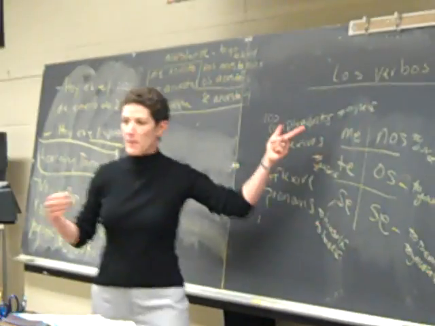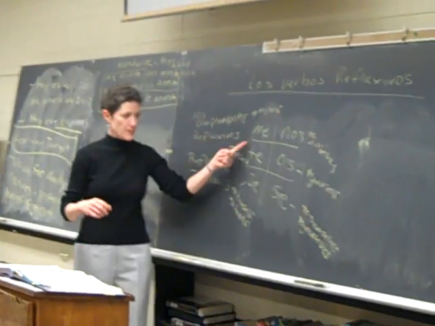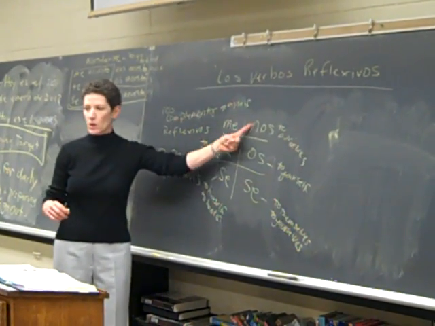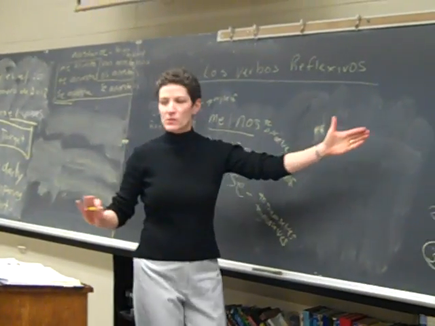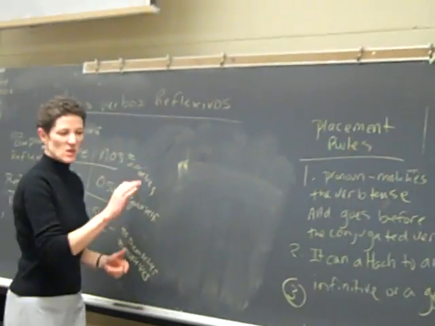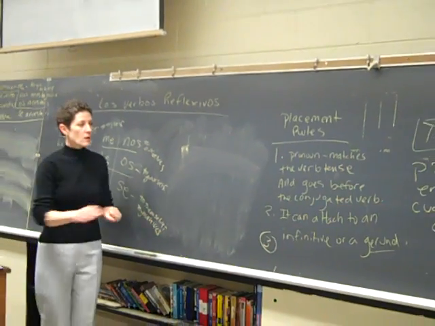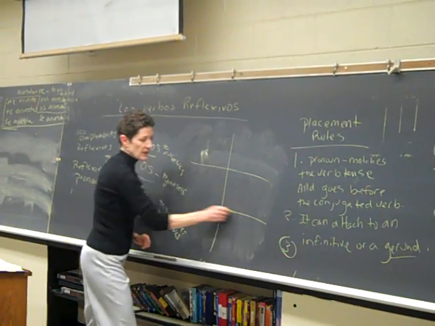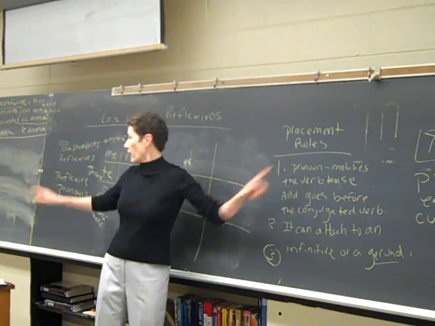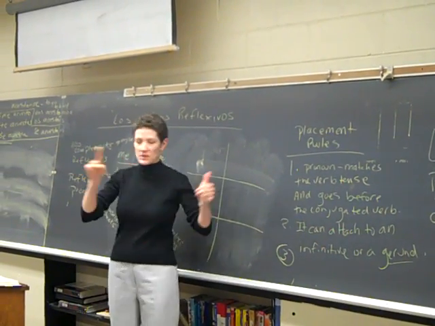Okay, so you have to memorize. Hay que memorizar. Me, te, se, nos, os, se. Now, what do we do? We have placement rules. Just two basic rules. If you are conjugating the verb in the present tense, all you do is the pronoun matches the tense of the verb.